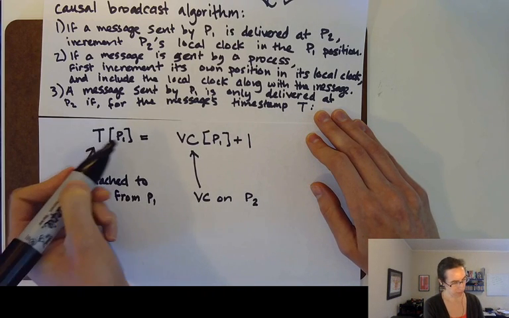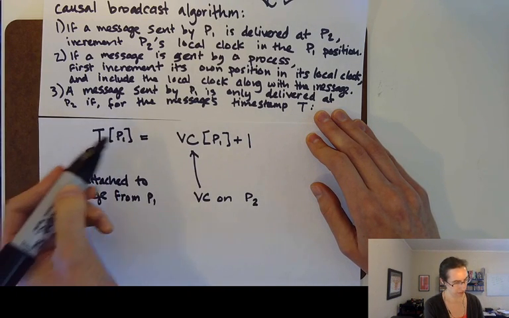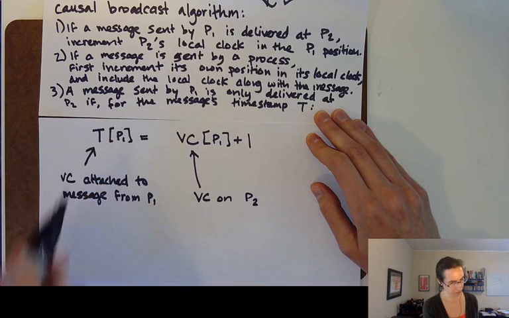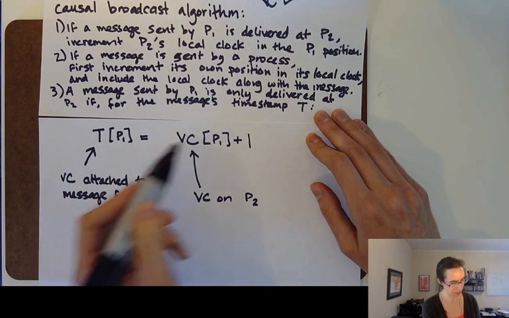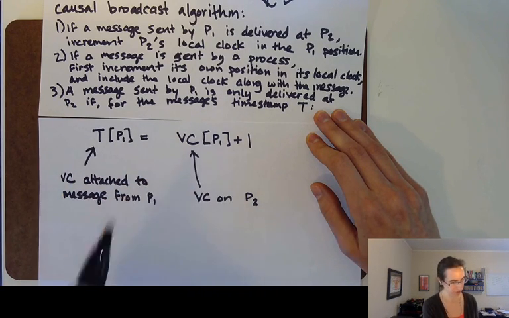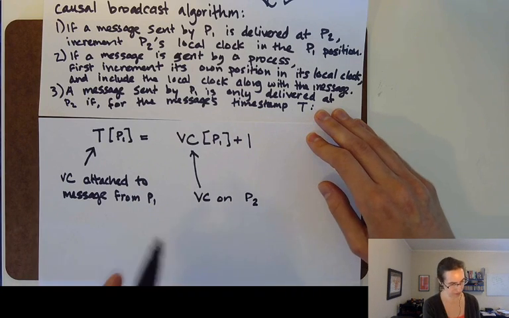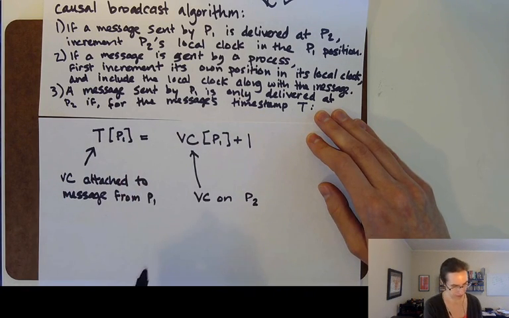So the timestamp of P1 in the position of the process that we're sending from has to be one bigger than whatever that position was in the vector clock on the receiving process. So that has to be true.